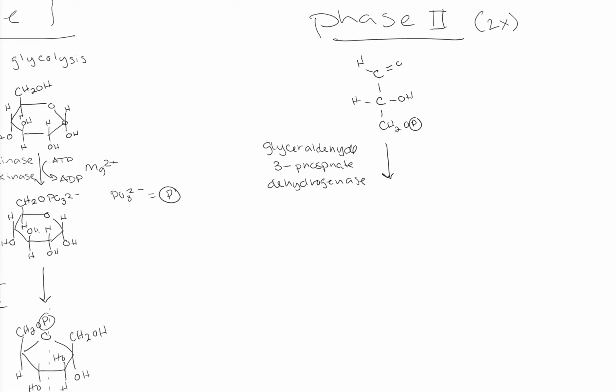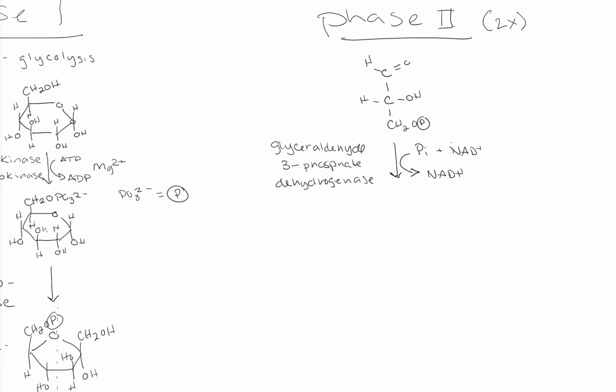And the inputs are, excuse me, this is per, so a single equivalent of inorganic phosphate and NAD plus in, and out we'll get an equivalent of NADH plus a proton.